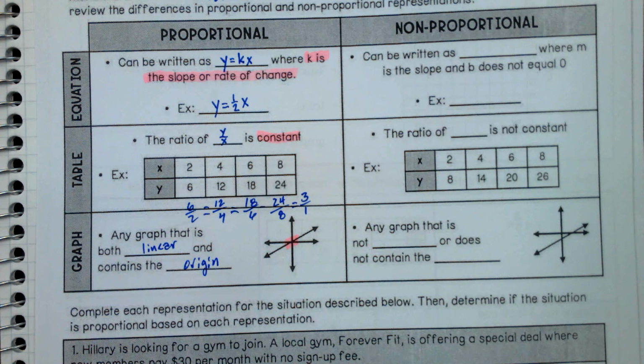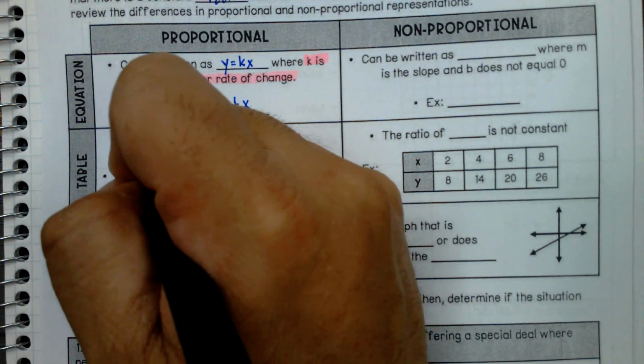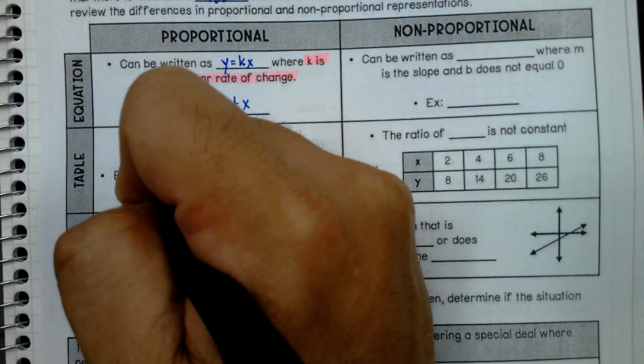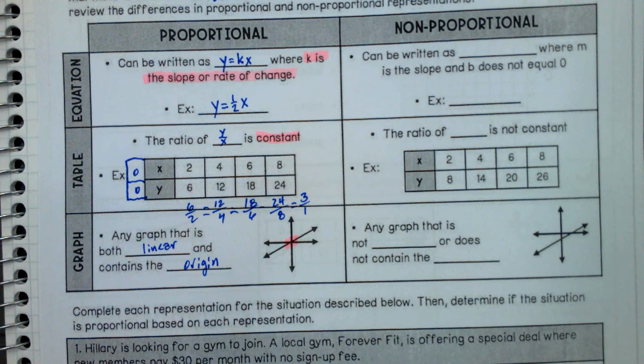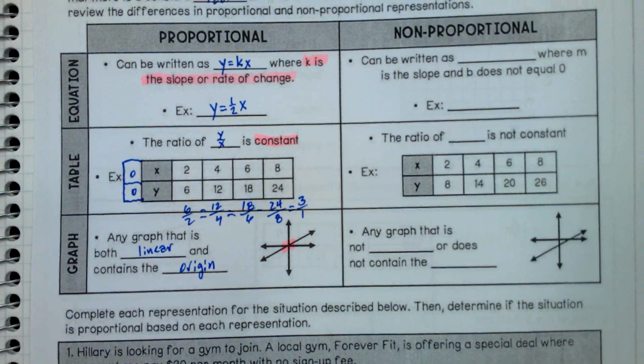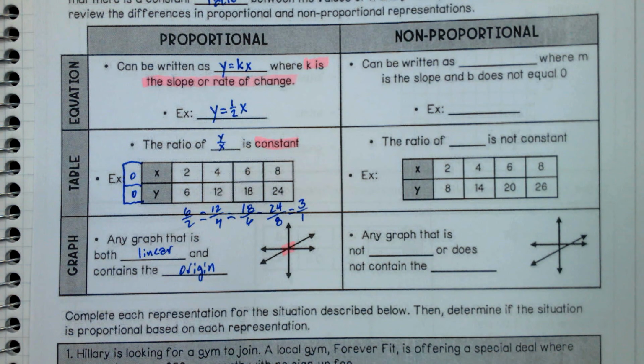When it's proportional, it goes through the origin. So one of the coordinates we could have put here is 0, 0. All right, so that's proportional.